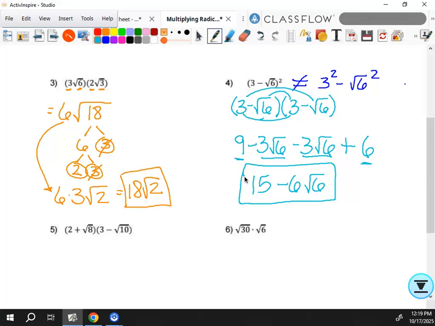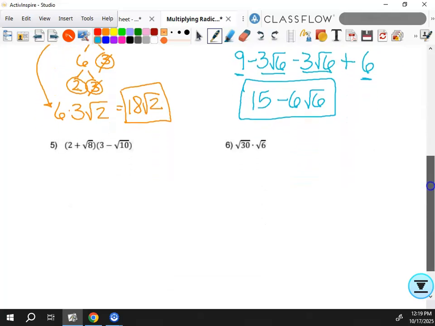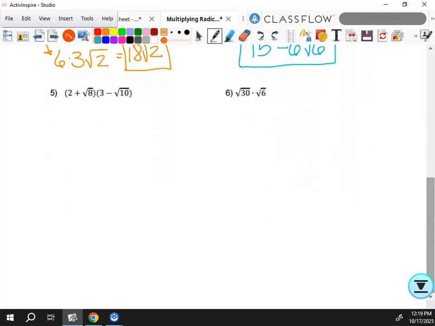Okay. Number 5. We need to FOIL, right? So let's go ahead and do that. Multiply the first 2 together. 2 times 3 is 6. Outside 2 together, negative 2 square root of 10.